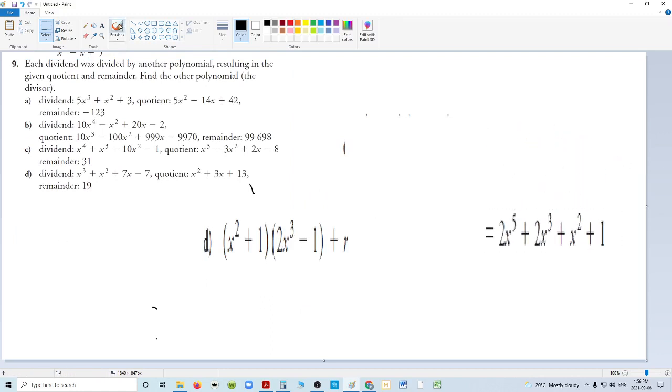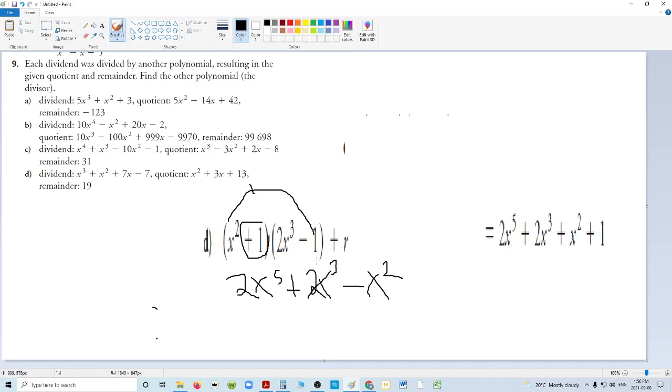So the secret is to expand it a bit. What's x squared plus 2x, so x cubed? It's 2x to the 5. What's x squared times minus 1? It's going to be minus x squared. But notice that we're going to have a plus 1 times the 2x cubed. So we have a bigger term right here, which is why I left that space there, because the 2x cubed.